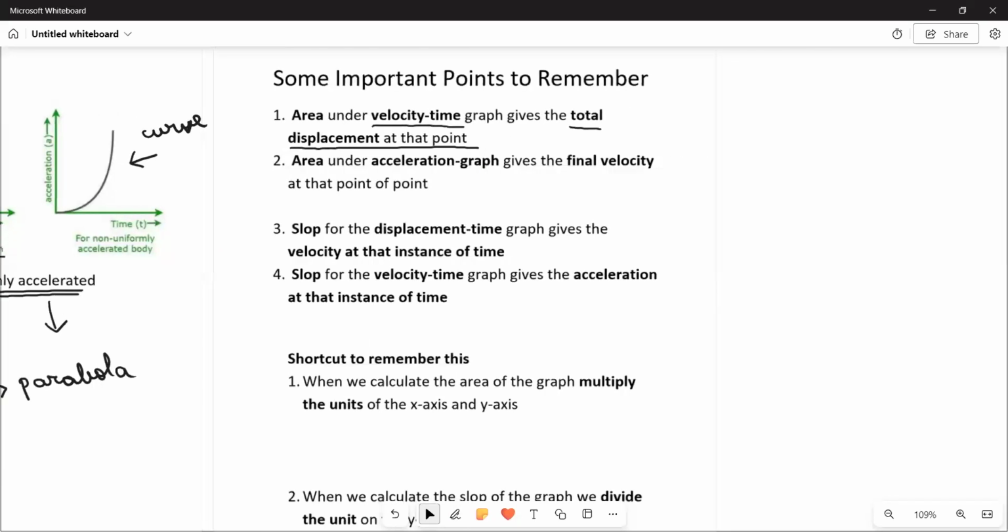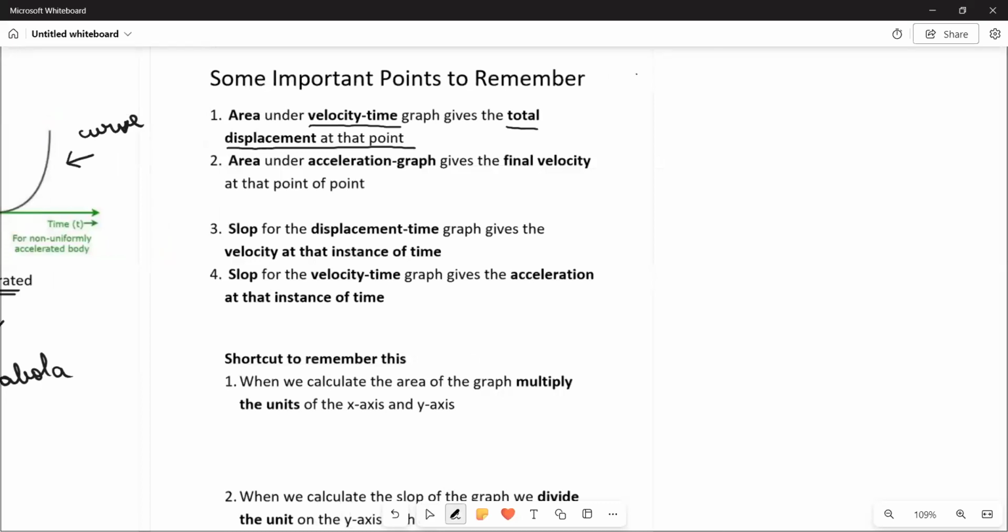See, if there is some velocity time graph like this, and this is the velocity, this velocity time graph, and this is 1 second of time, 2 second of time, and 3 second of time.